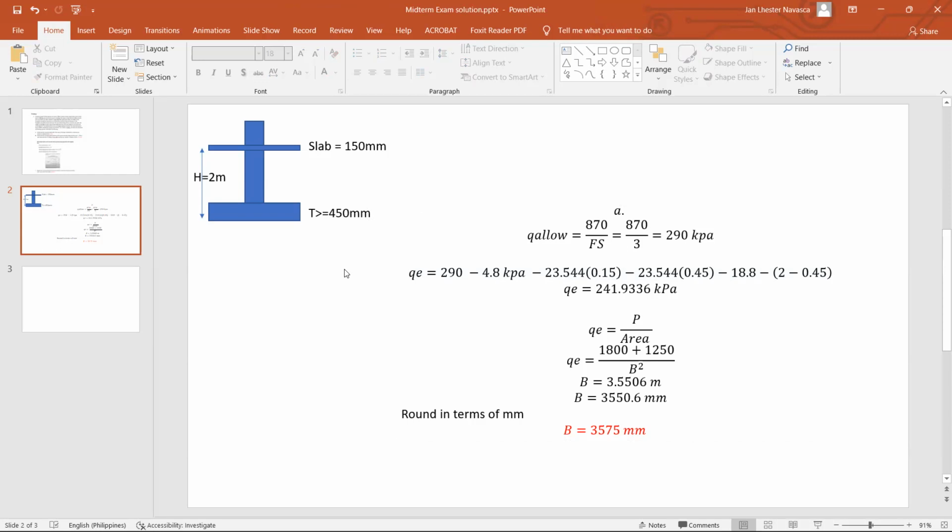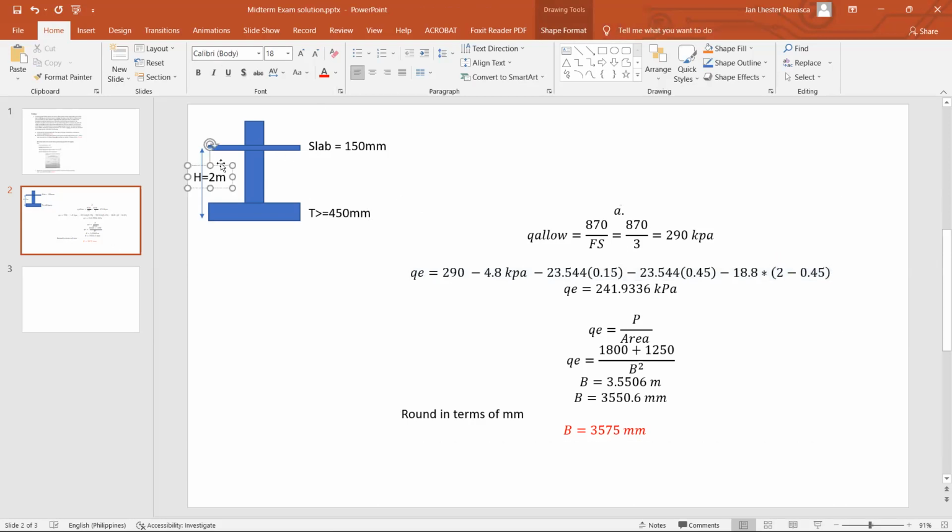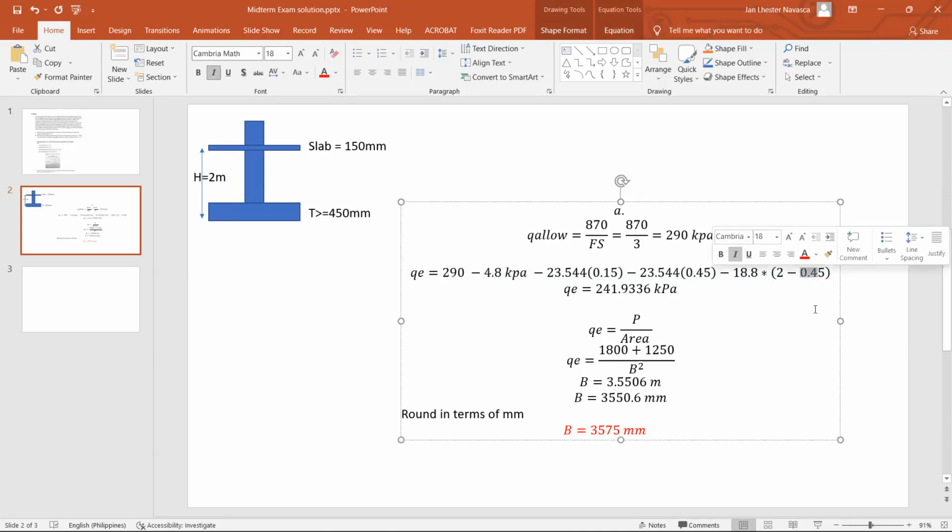Then next, 18.8 should be multiplied by the difference of the total height of the foundation, which is 2 meters, minus the assumed thickness of the footing. Therefore, you have your qe.